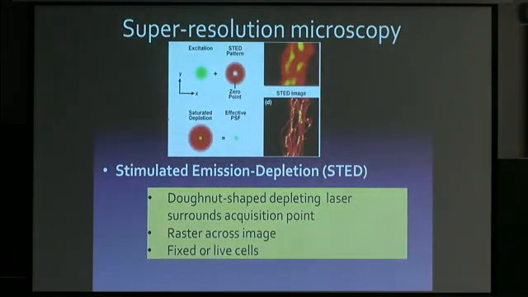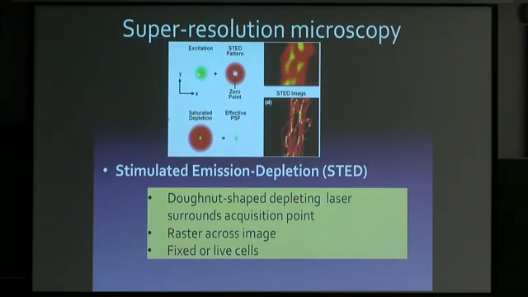So STED is the one that I argue with people the most about, but basically you have your sample, it's labeled, and you have a donut-shaped laser which removes the fluorescence temporarily from the region where the donut is hitting, and then you excite the fluorescence in the middle. So this is done with chemistry.